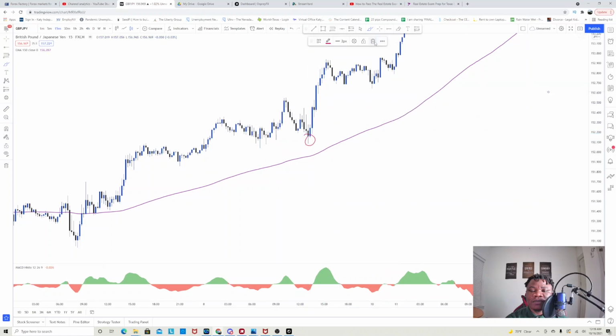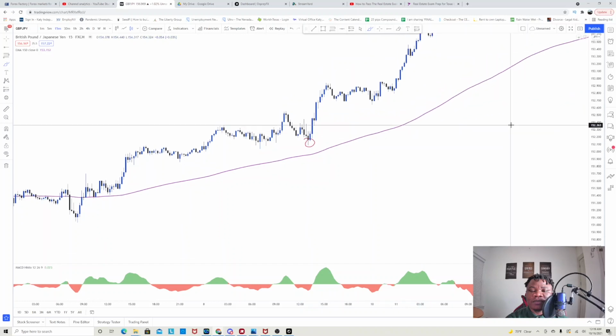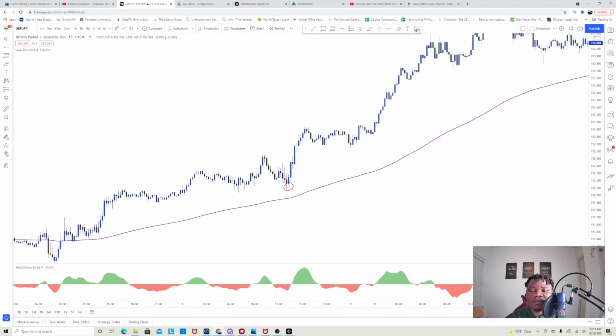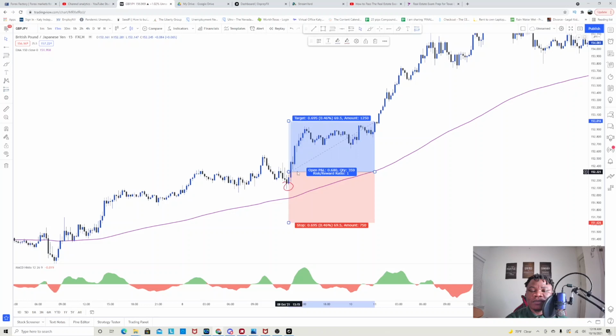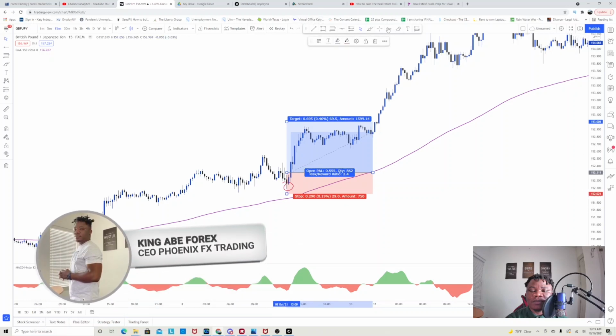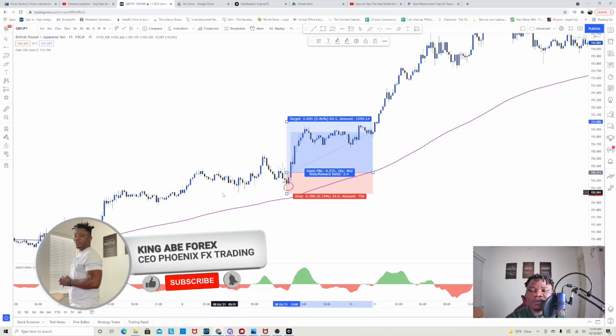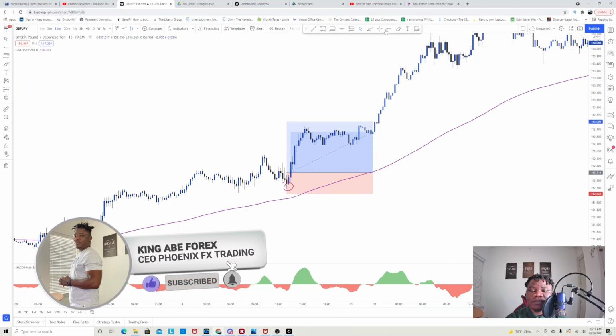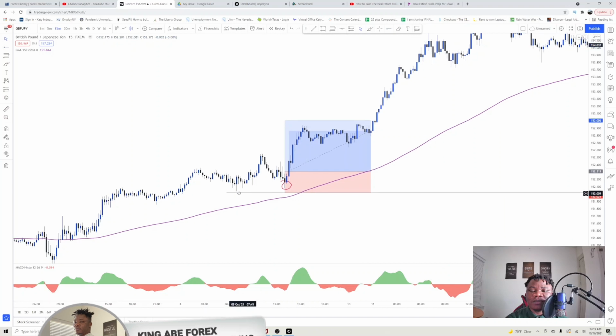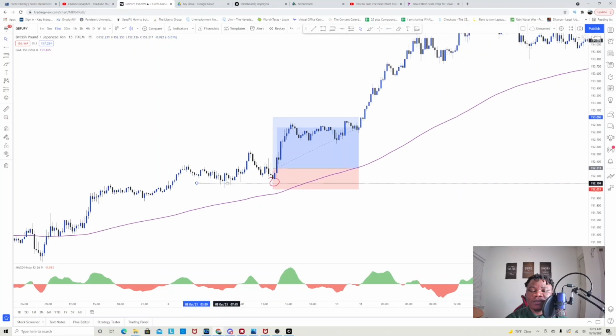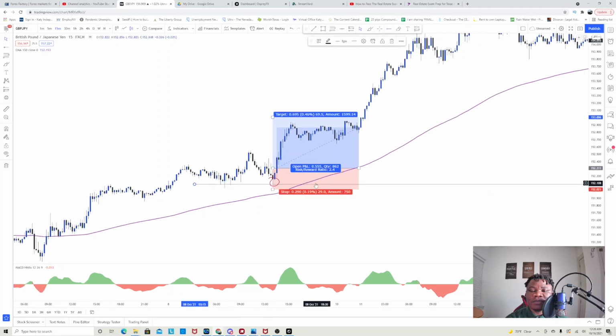And let's see if we did that. So let's see where our take profit is going to be. If I have my entry right here, then I'll just have my stop loss right below this pullback zone, because if we really look at it, price created a support zone right here, and it simply retested that same zone again.